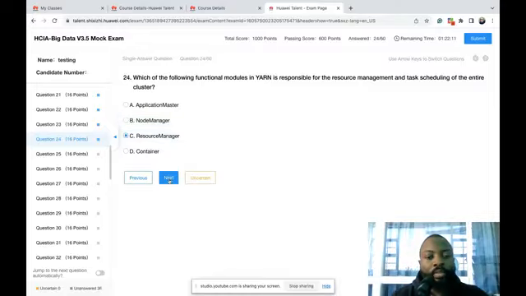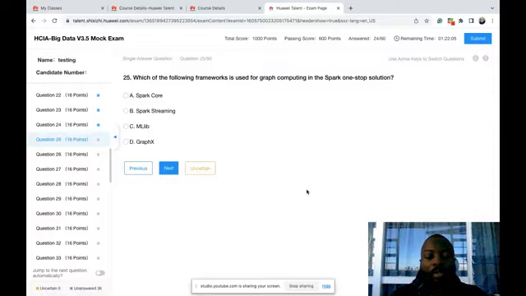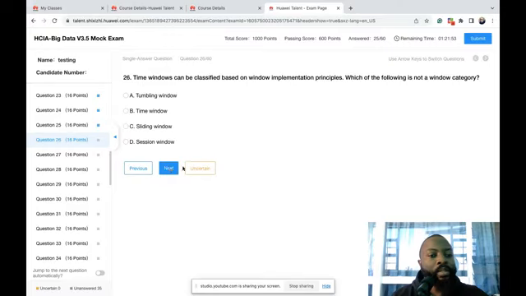Yeah, ResourceManager. This one, which of the following formats is used? This one.